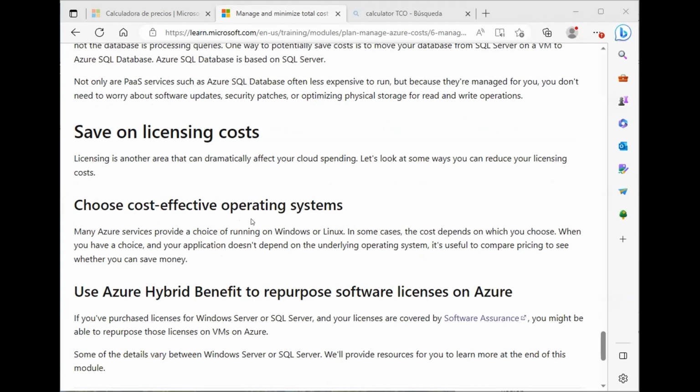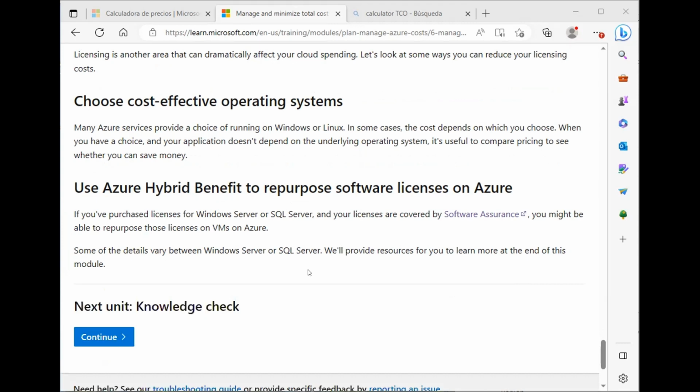In some cases, the cost depends on which you choose. When you have a choice and your application doesn't depend on the underlying operating system, it's useful to compare pricing to see whether you can save money.